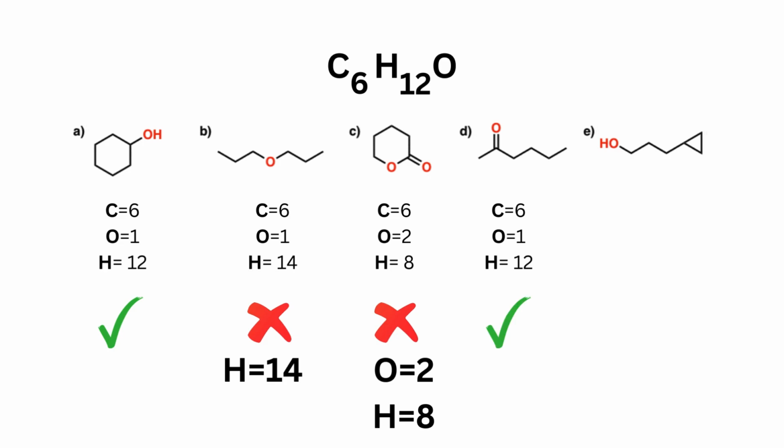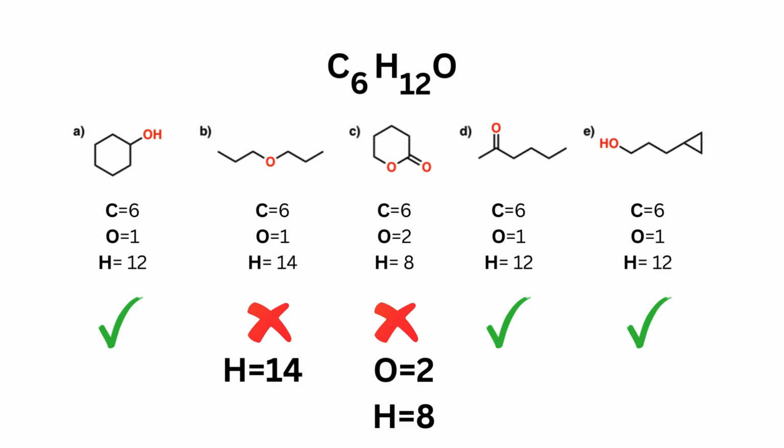Option E contains 6 carbons, 1 oxygen and 12 hydrogens, so this can also be the answer, as it has the same number of elements mentioned in the molecular formula.